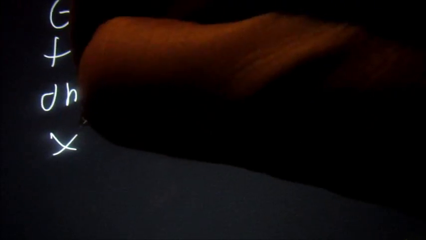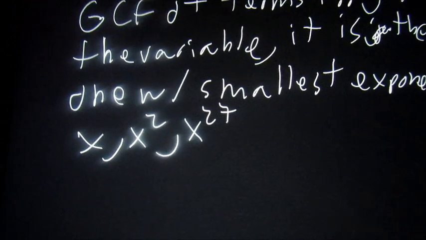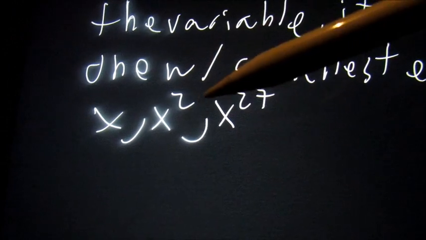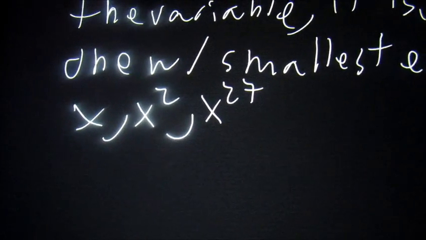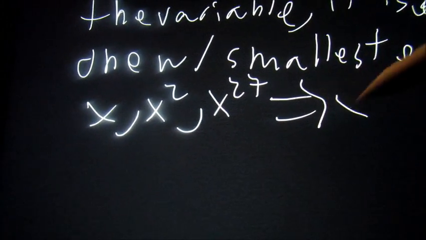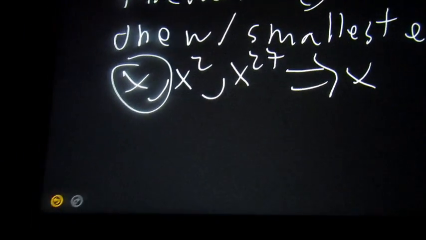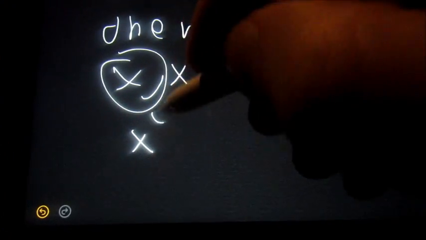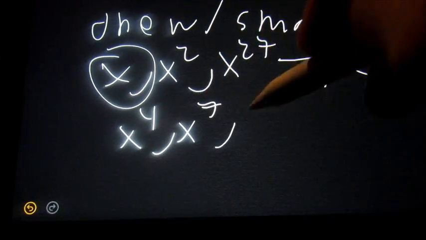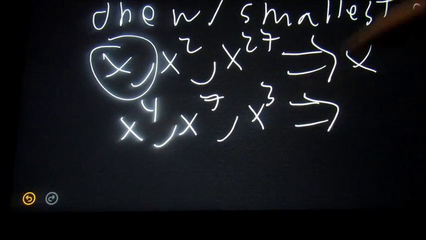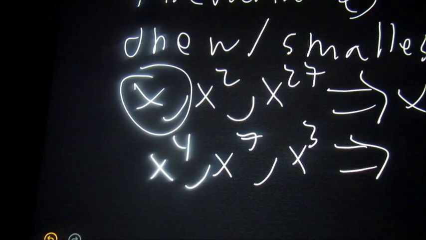So here, say we have x, x squared, and x to the 27. This is x to the 1, x to the 2, and x to the 27. The answer here is just going to be x, because it has the smallest exponent. If we have x to the 4, x to the 7, and x to the 3, we just need to see which one of these has the smallest.